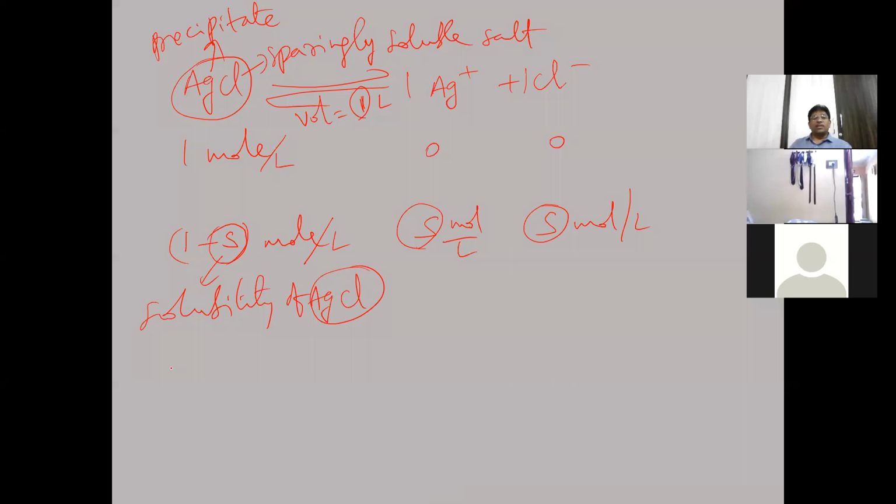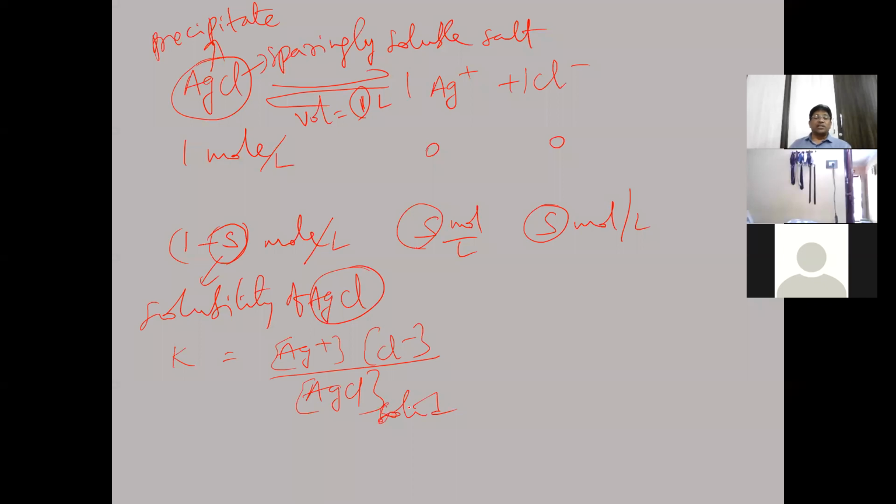Now tell me, what is the equation here? K is equal to Ag plus concentration into Cl minus concentration divided by AgCl. AgCl is an undissolved solid.